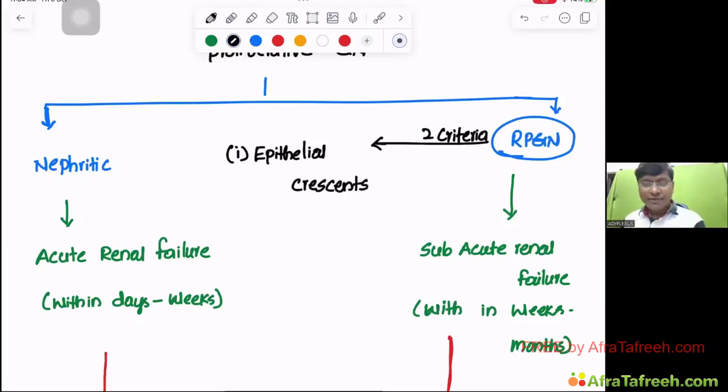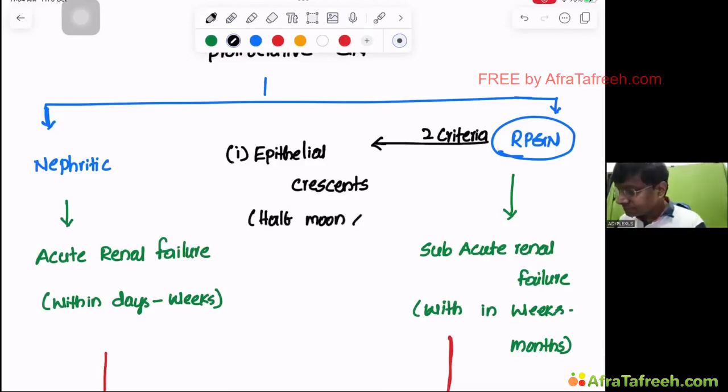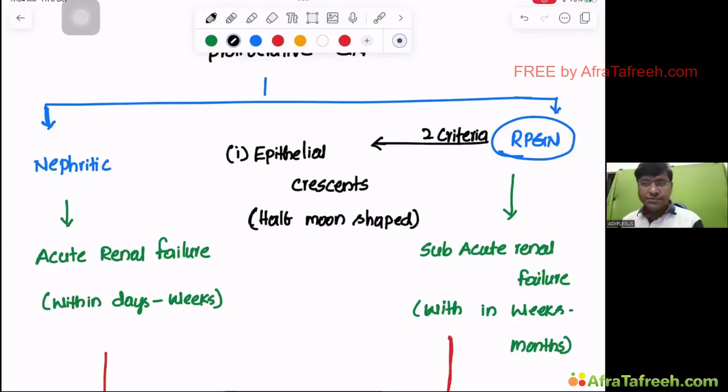What is an epithelial crescent? It is a half-moon shaped collection of cells. That is what is called epithelial crescents.